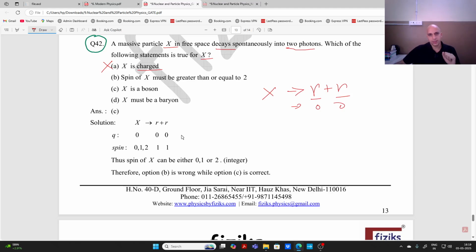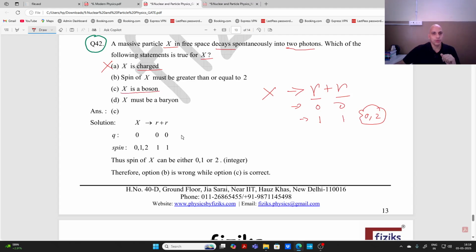Spin of X must be greater than or equal to 2. Let's look at the spin, right? Spin of this particle is 1, this particle is 1. So 1 plus 1 can be 2, 1 minus 1 can be 0. Two options are there, right? So this option is doubtful. I mean, it can be true, but look at the other options also.